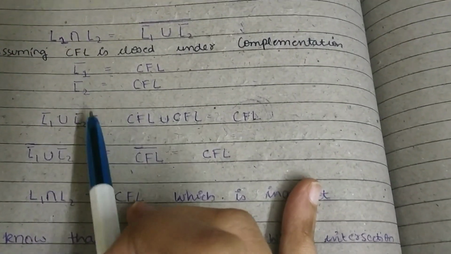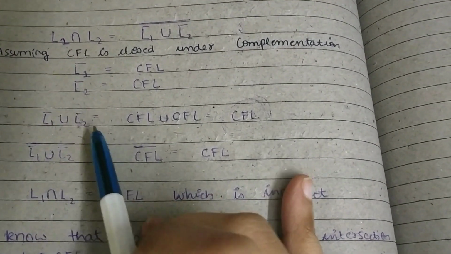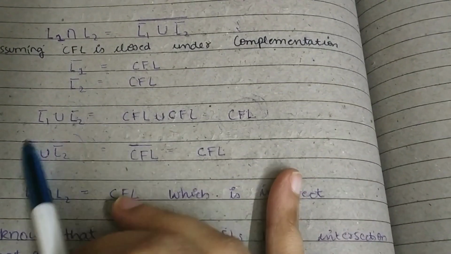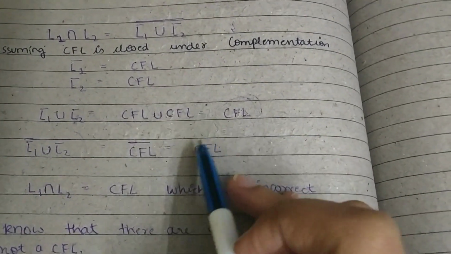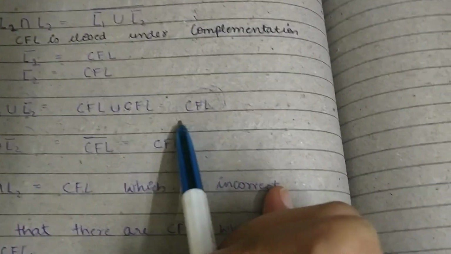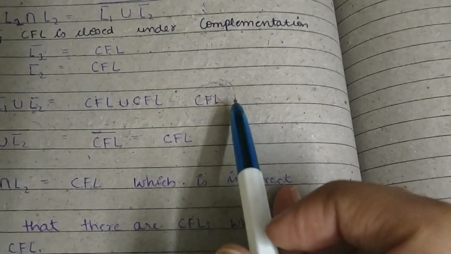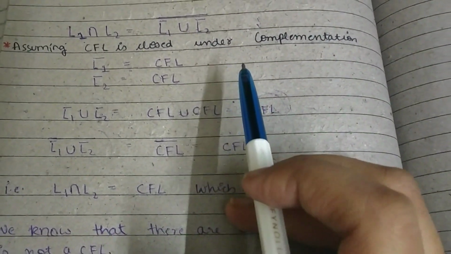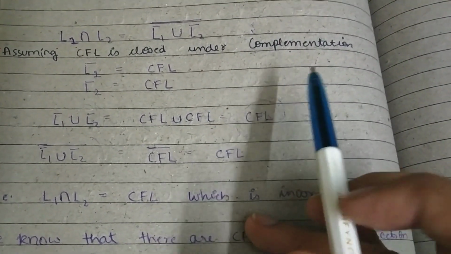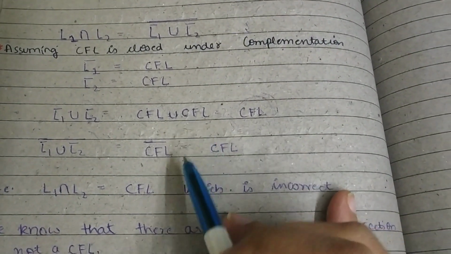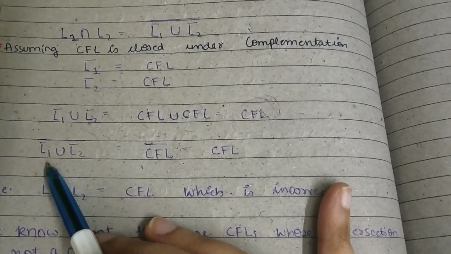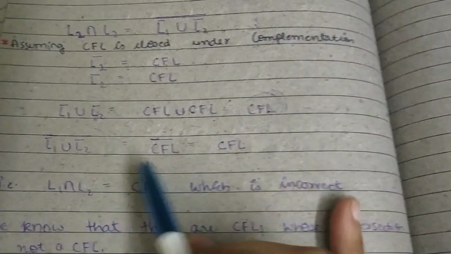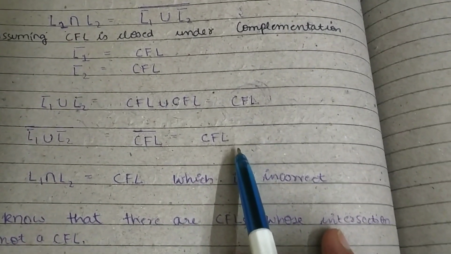Now, if I take the complement of L1 complement union L2 complement, it will be equal to CFL complement. And we have already assumed that the complement of a context-free language is a context-free language. Therefore, the complement of L1 complement union L2 complement will also be a context-free language.